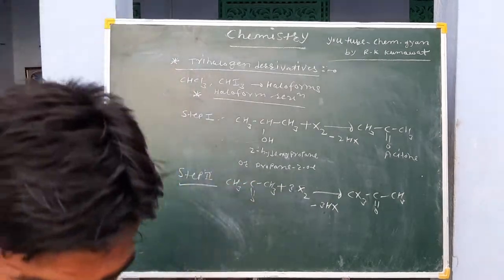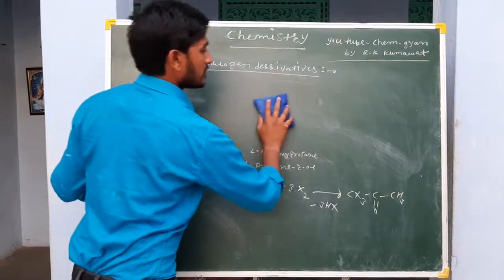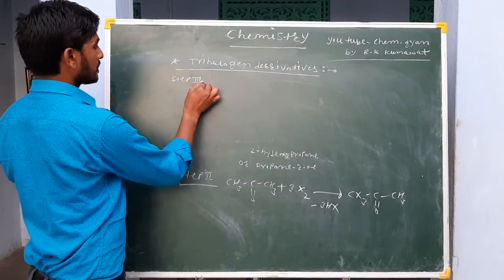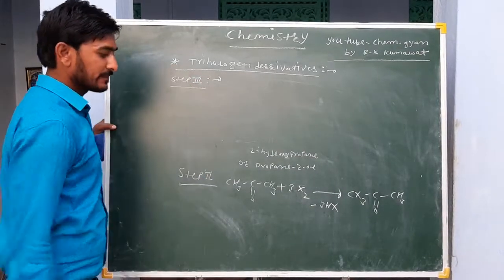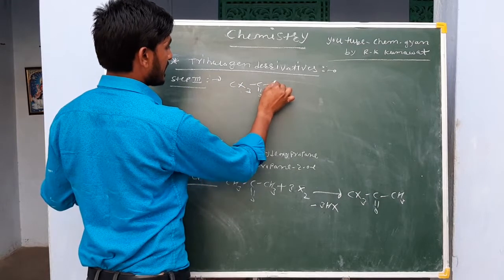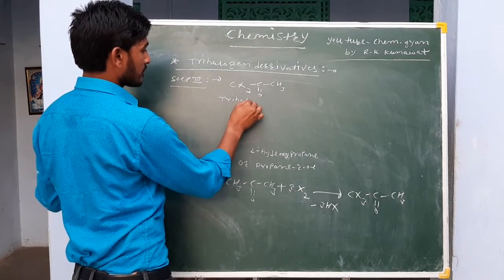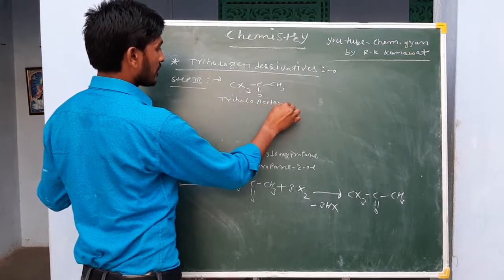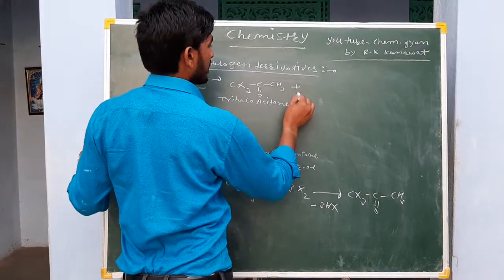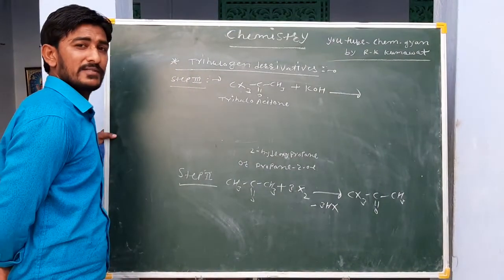Next step is step number 3. Step 3 is CX3 CO CH3, which means trihaloacetone, reacting with KOH or NaOH.